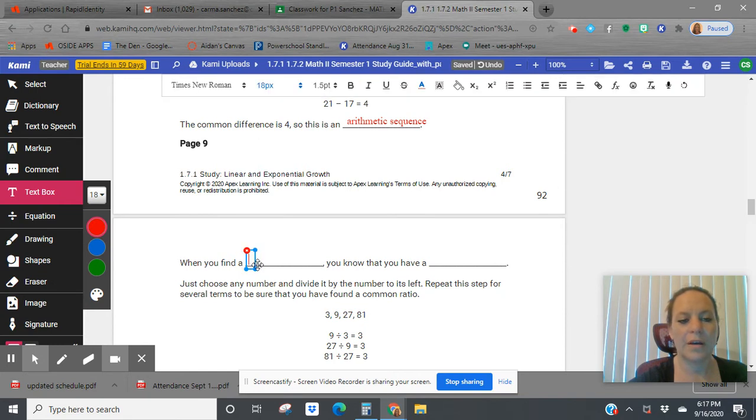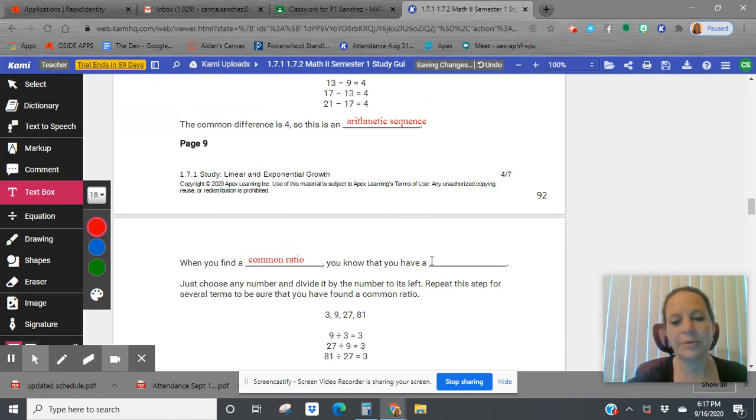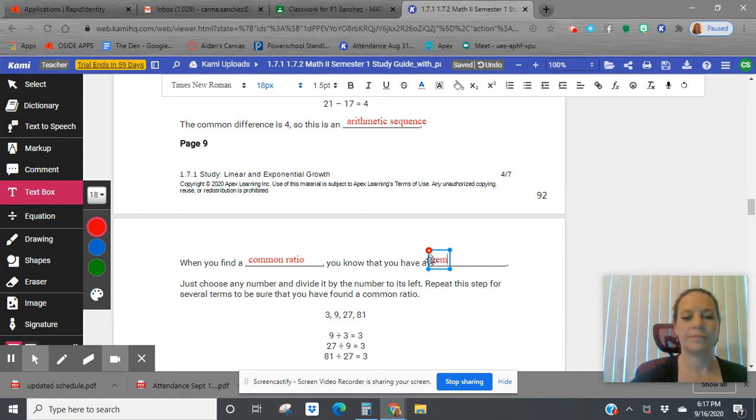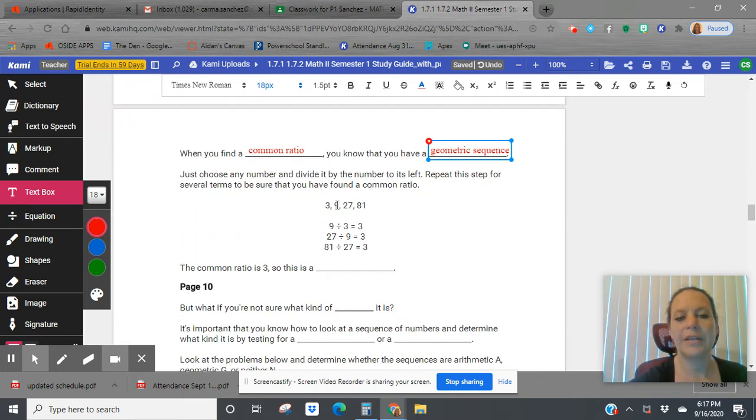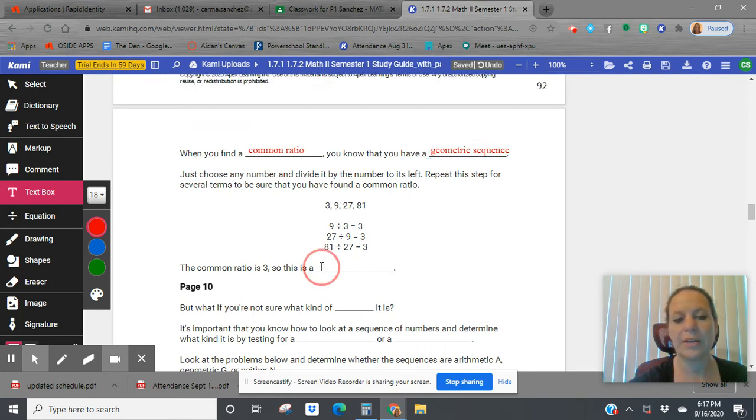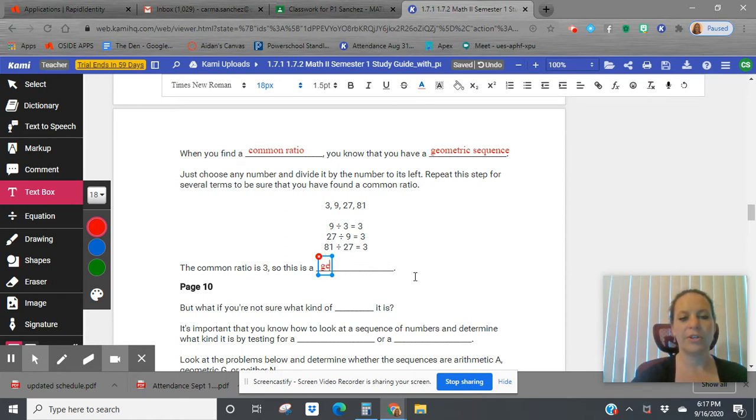When you find a common ratio, you know you have a geometric sequence. So notice from the 3 to the 9, from the 9 to the 27, that you're dividing. If you divide 9 divided by 3, or 27 divided by 9, you get the same common ratio. The common ratio is 3, so you have a geometric sequence.